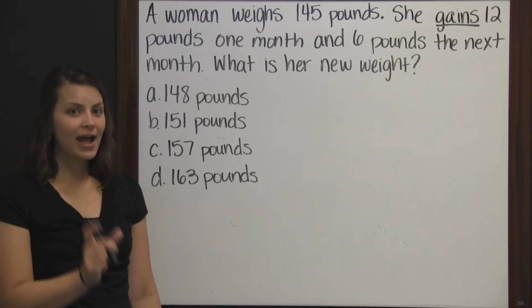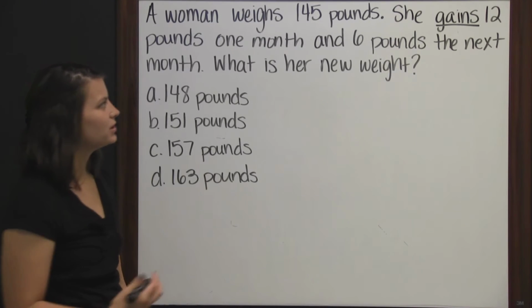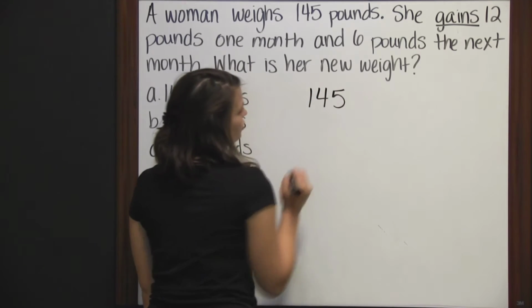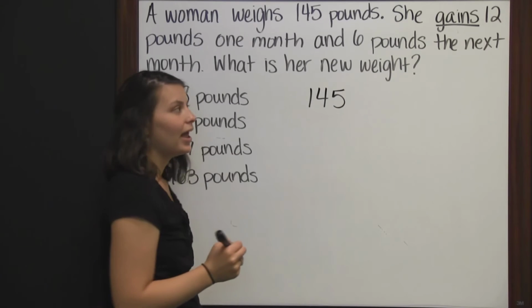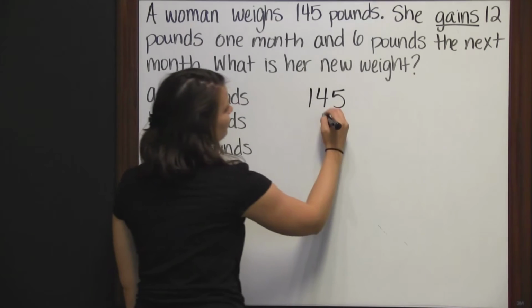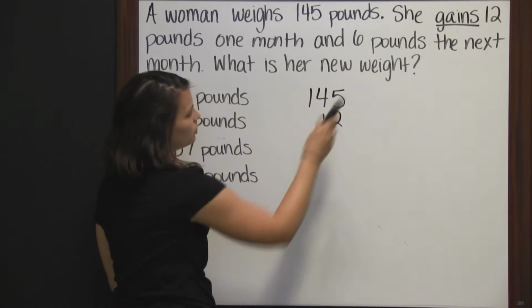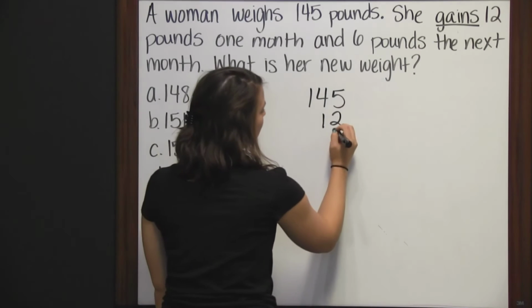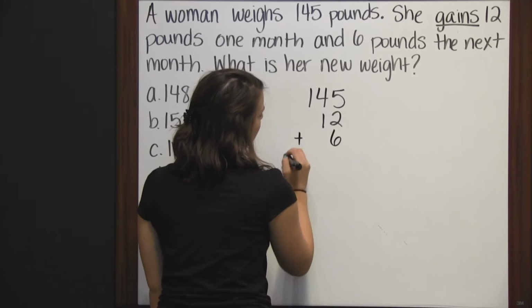And that word adding tells us exactly what to do. We need to take her original weight, 145 pounds, and add on what she gained, which was 12 pounds 1 month and 6 pounds the next month.